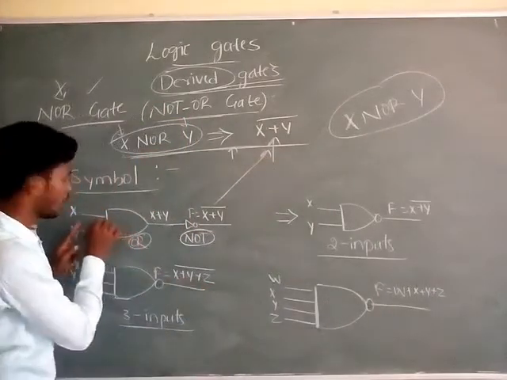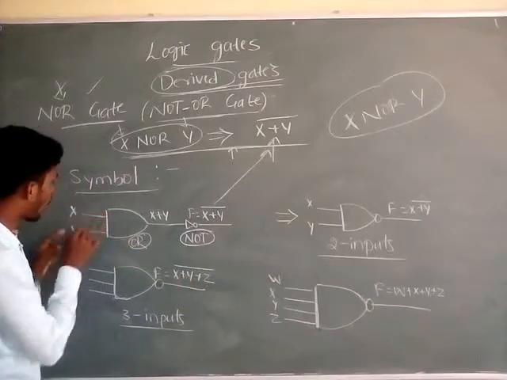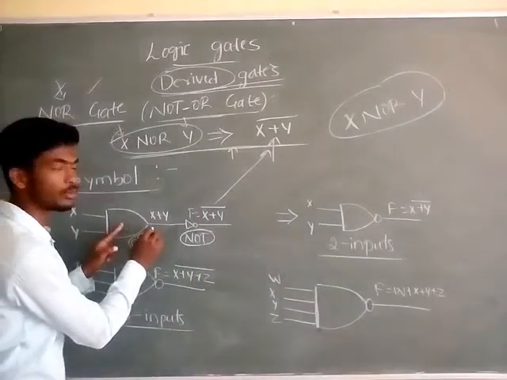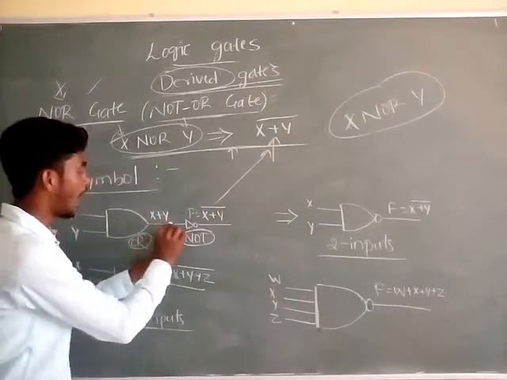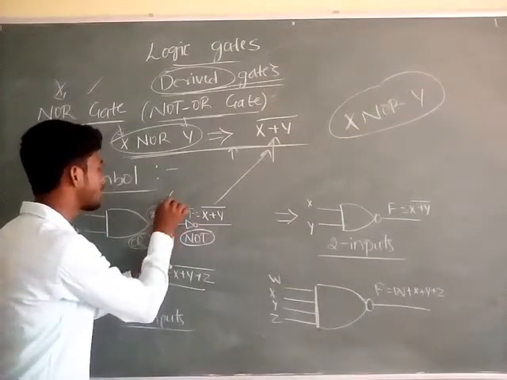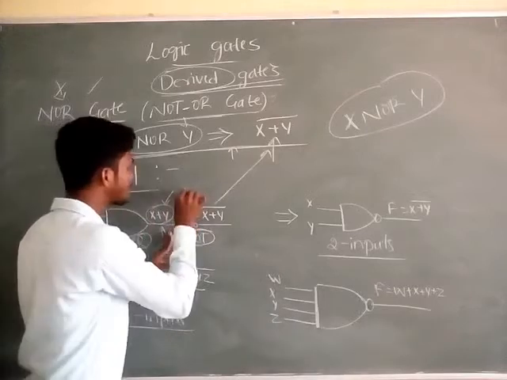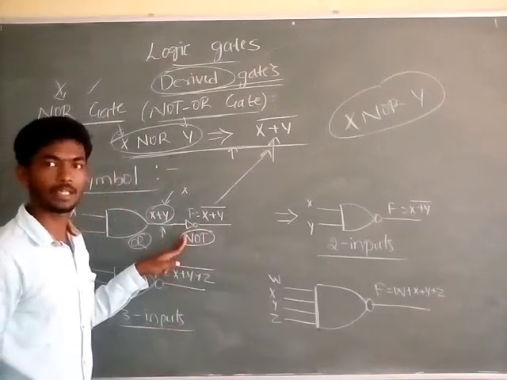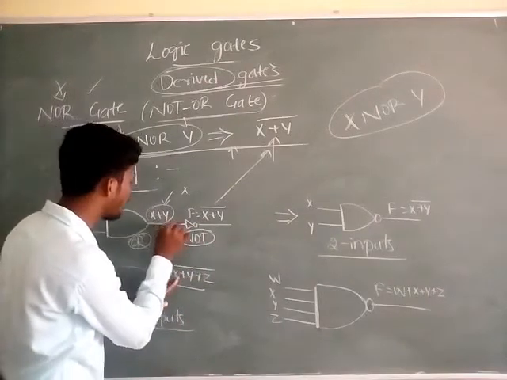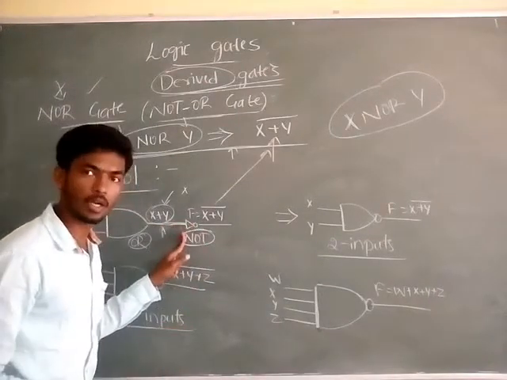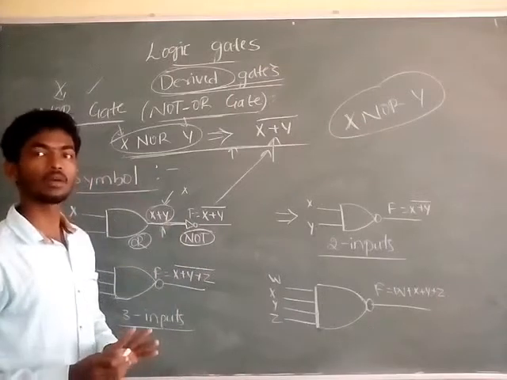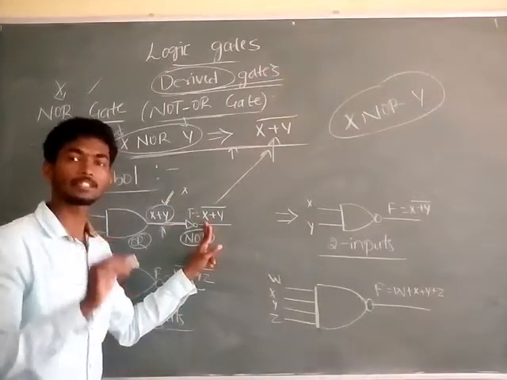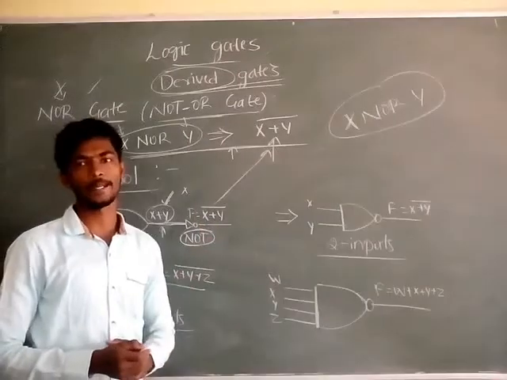The operation is this: the OR gate is provided with the two inputs x and y, which gives you the result x plus y. Here x plus y is treated as one variable and provided as input to the NOT gate. So we get the complemented value, that is nothing but (x plus y) whole complement.